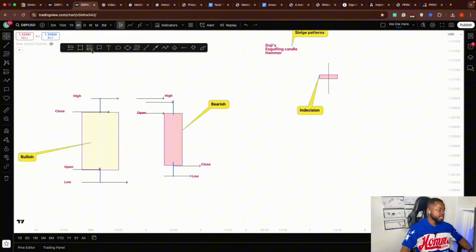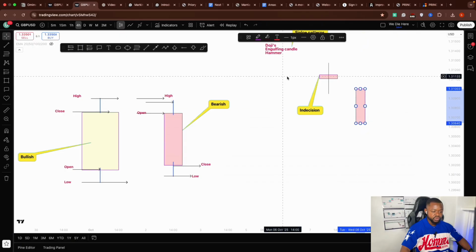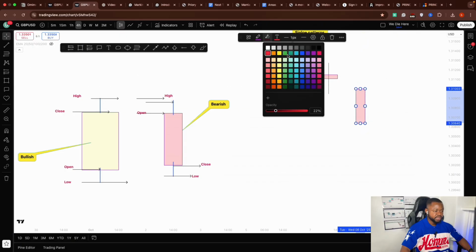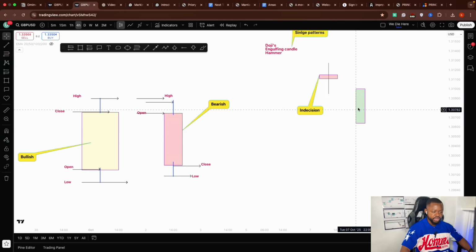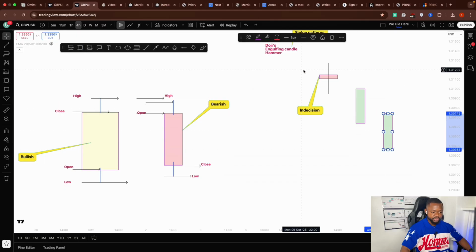So now the engulfing candlestick. The engulfing candlestick is just one ginormous candlestick that prints either bullish or bearish. I'm going to use green as bullish, then red as bearish. So this is an engulfing candlestick. It's just one candlestick that prints all the way above the candlestick next to it. So why is it called an engulfing stick?